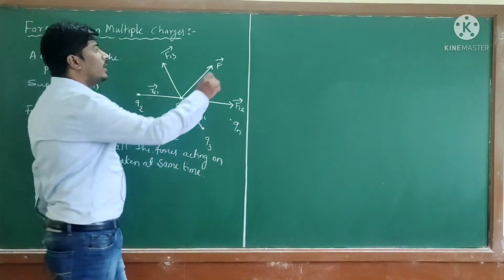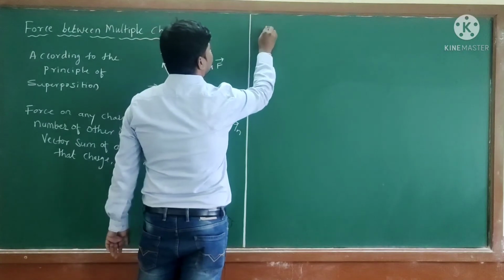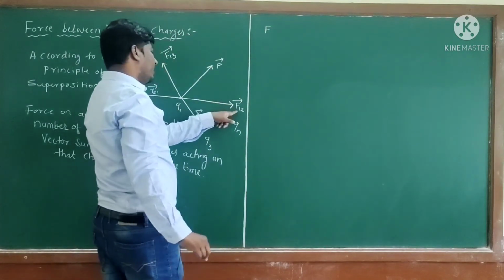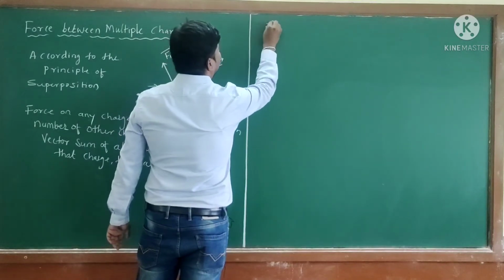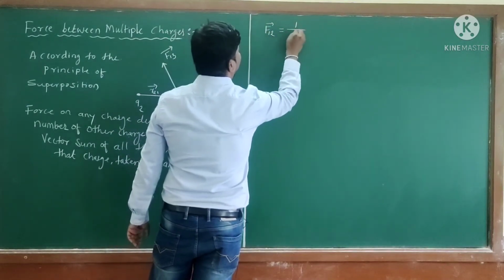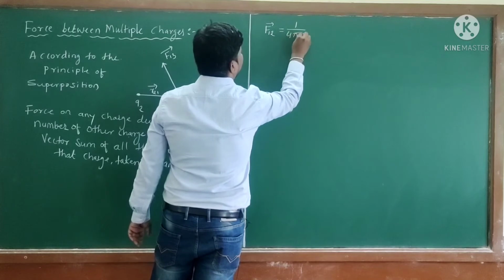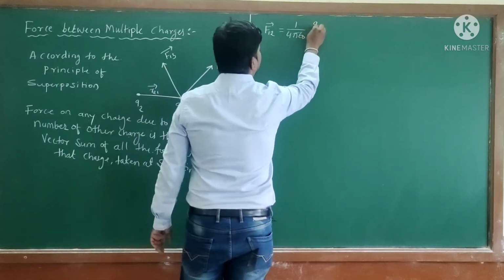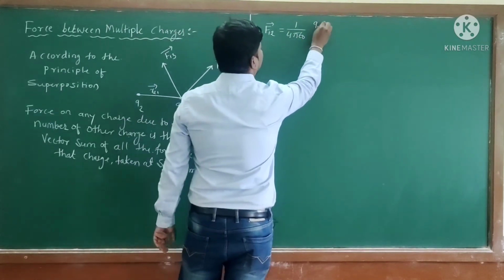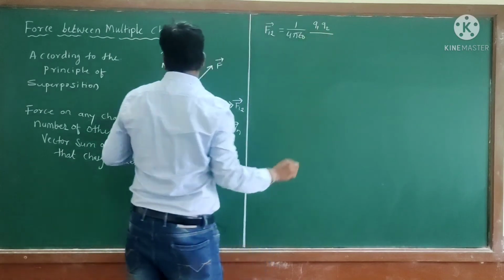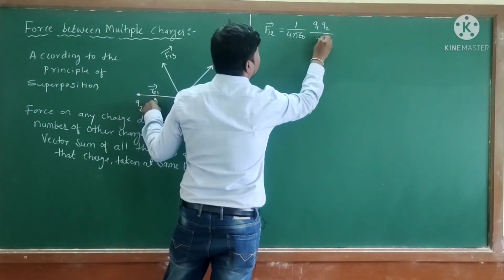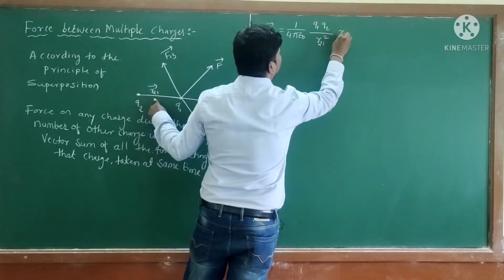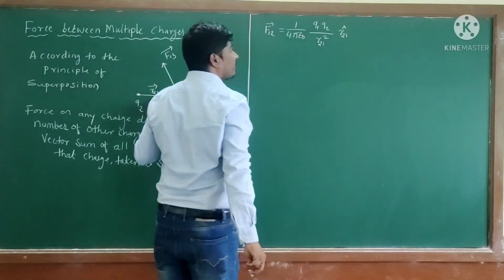So I will write here the force on charge 1 due to charge 2, that is F12, is given by 1 by 4 pi epsilon naught Q1 Q2 divided by R21 square into R21 cap.